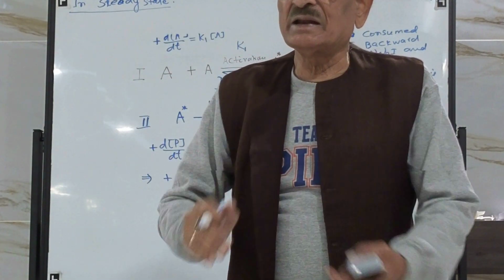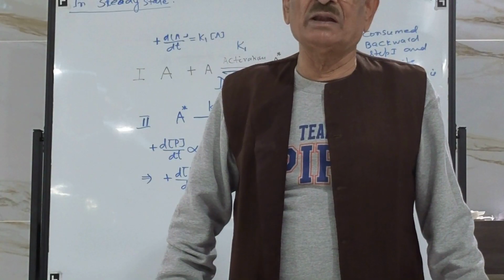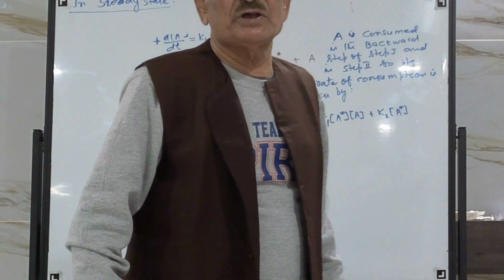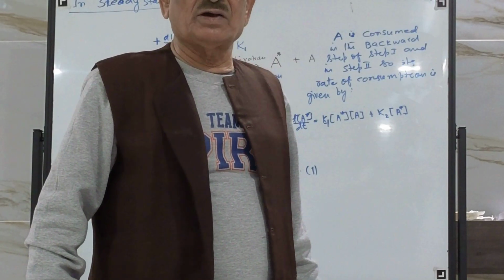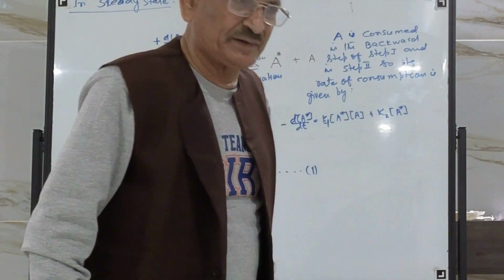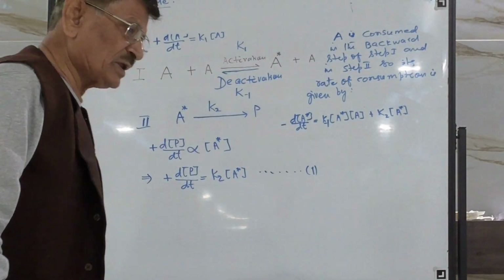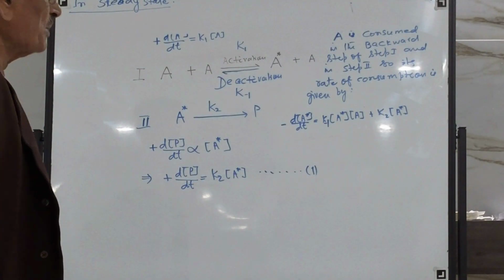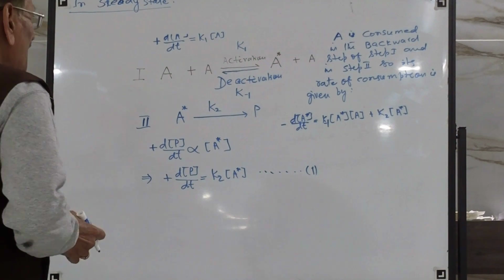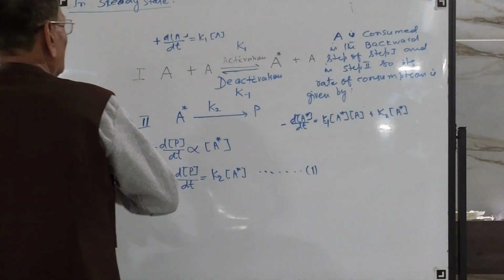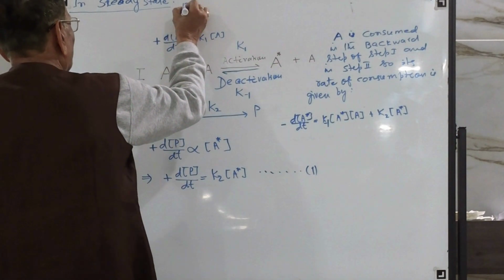This is because the rate of its consumption equals the rate of its formation. Then there is no increase in the concentration of the intermediate; it becomes constant.